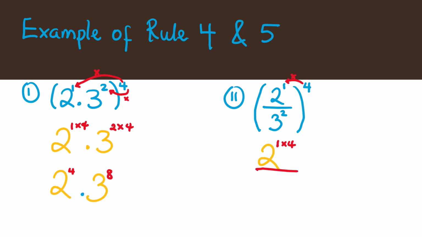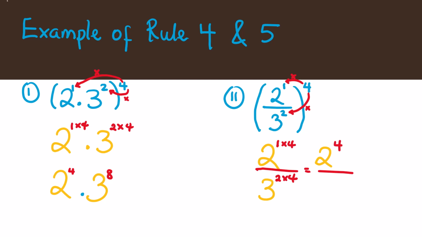And this is all over 3, and our 3 as the base has its exponent as 2, but our 4 is also going to multiply by the 2, and therefore we have 2 times 4. This is equal to: our base for the numerator is 2, and the exponent is 1 times 4, which gives you 4.